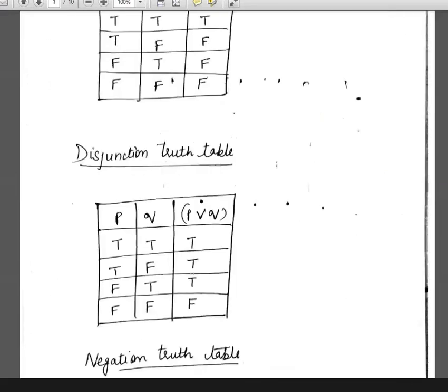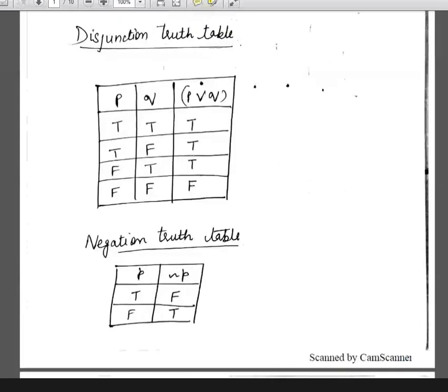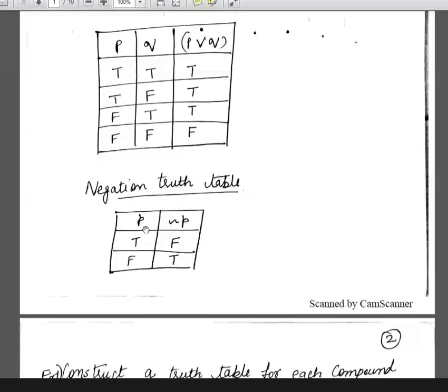Okay, so conjunction is over, disjunction truth table is over. Now, this is the truth table for negation. So P, what is the negation of it? Negation of P. The negation of anything can happen.